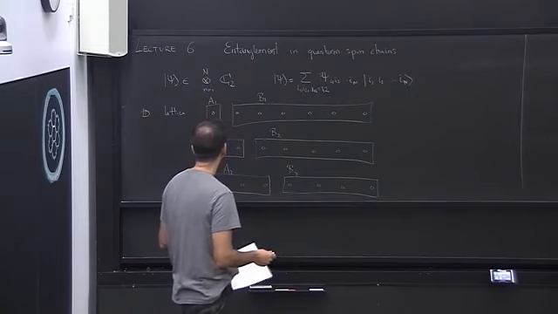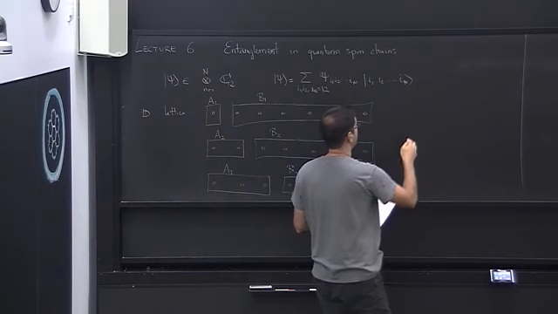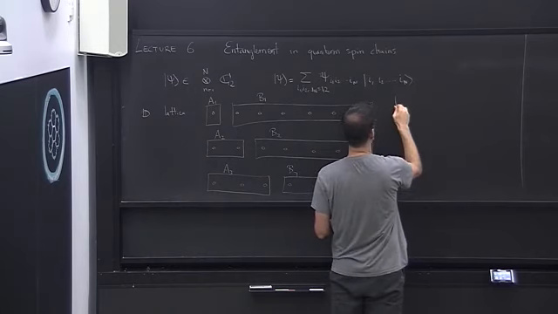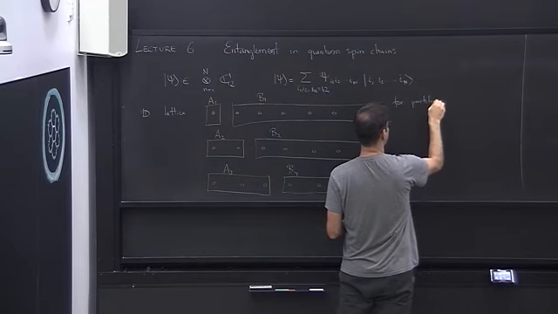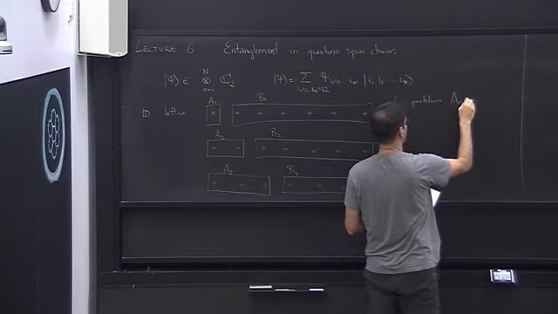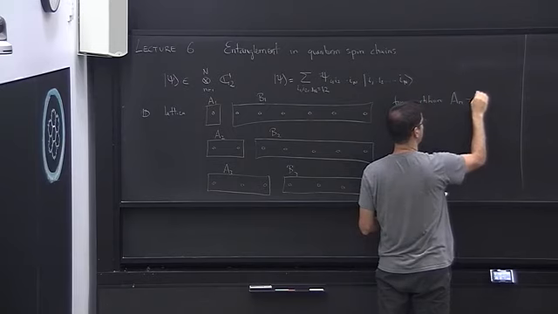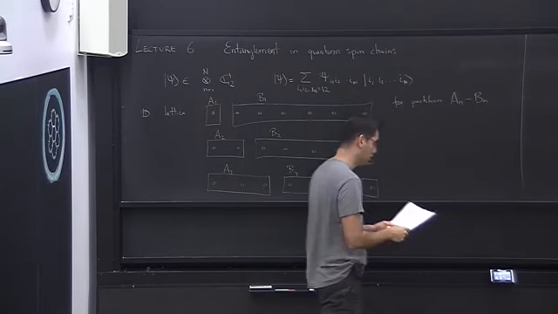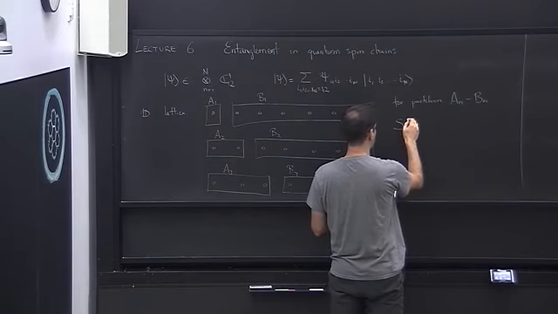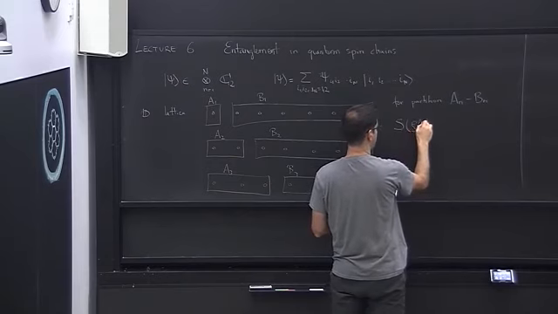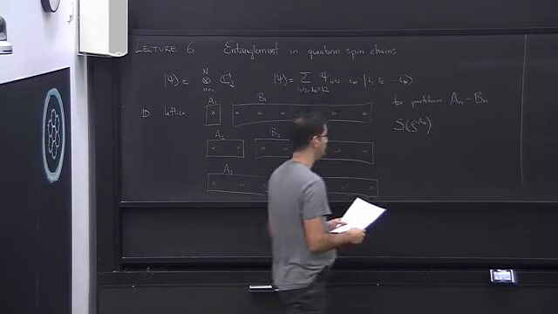And so what we have is then that for each partition, for partition A_n, B_n, we can compute the entanglement entropy, which will be given by the reduced density matrix on, say, part A_n. Okay.